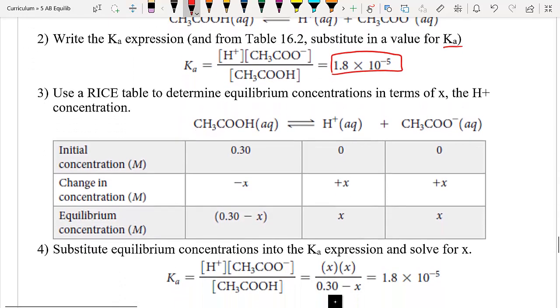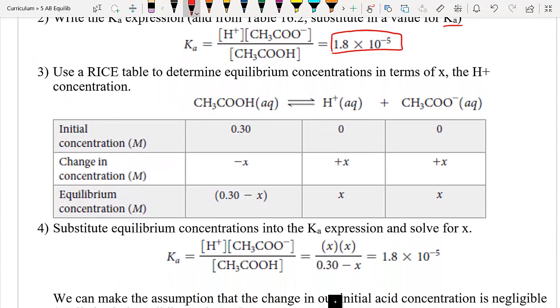Now, the next stage is to consider using a RICE table. We're going to use our initial concentrations here. We remember that the molarity of acid given in the beginning was 0.30 molar. Well, as we begin the process, initially, we don't have any hydrogen, so that's a 0. And we also don't have any acetate ion that's been dissolved away from the original molecule.